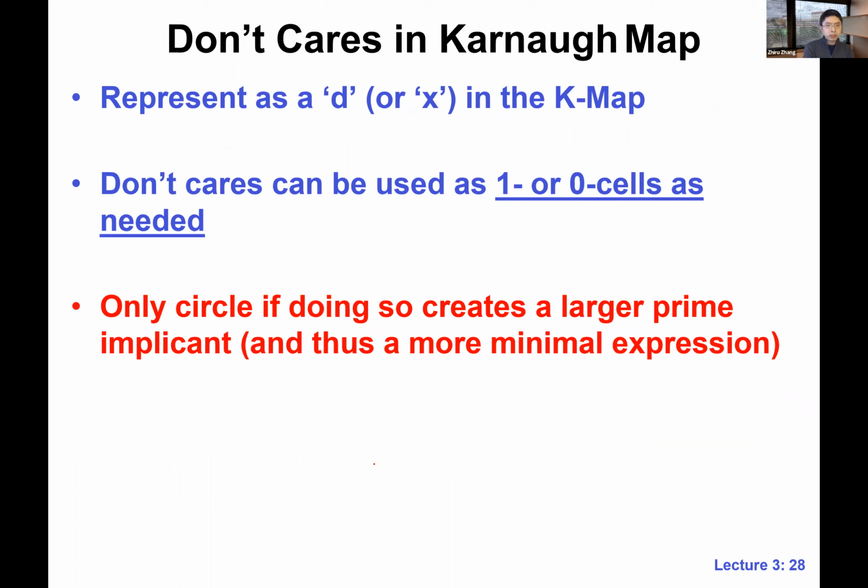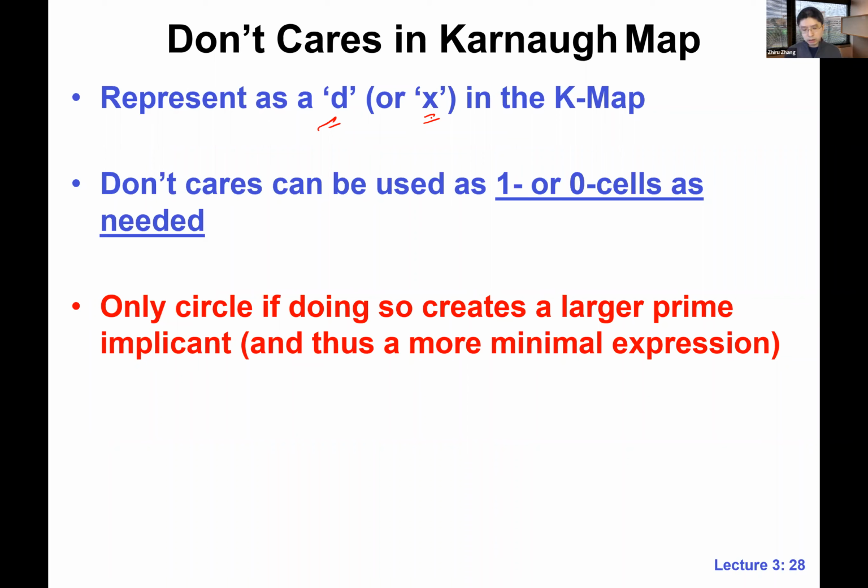Hopefully this makes some sense. Once we have this kind of problem, where some of the inputs are don't cares, we can put something called D or X in the Karnaugh map, the K-map. This can be treated as either 1 or 0, because we don't care. But they are useful, though.